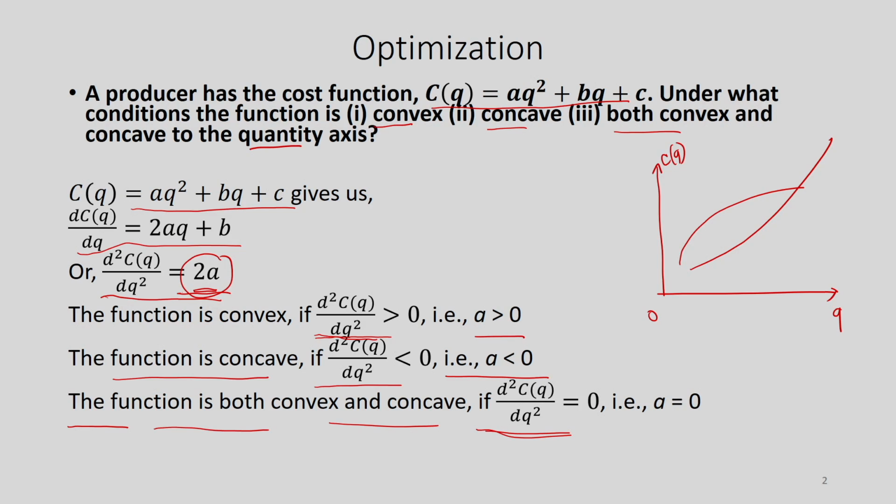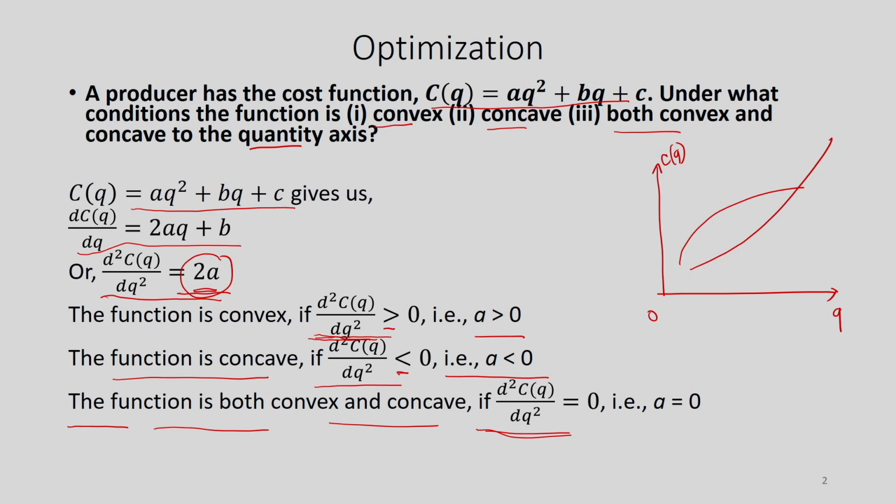The idea that is being applied here is that what I have written here is strict concavity. In case of weak convexity it is greater than or equal to 0, and for weak concavity it is less than or equal to 0.